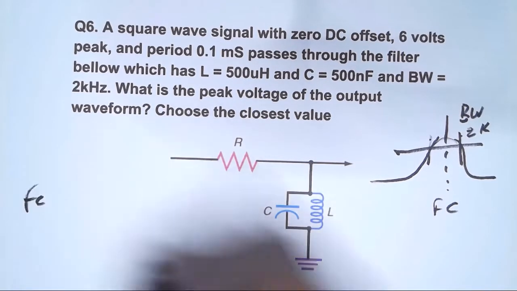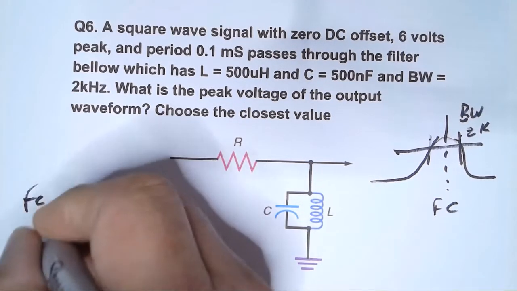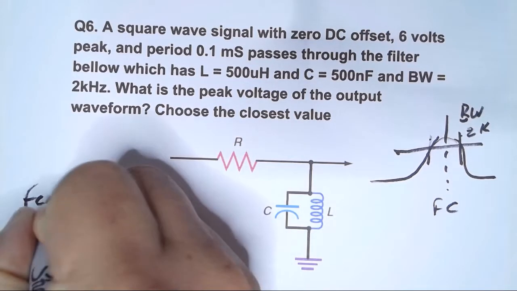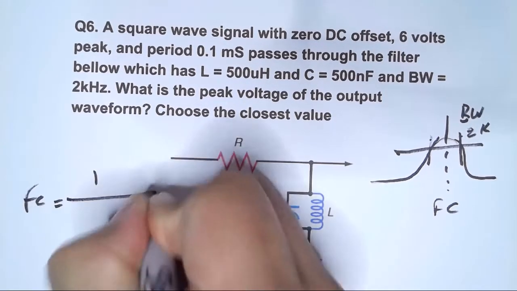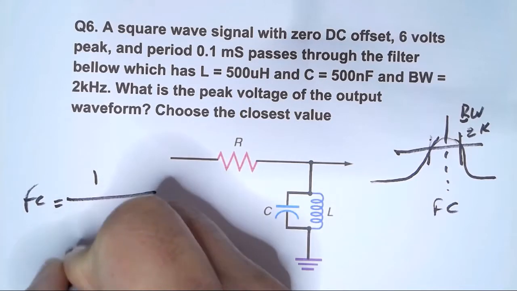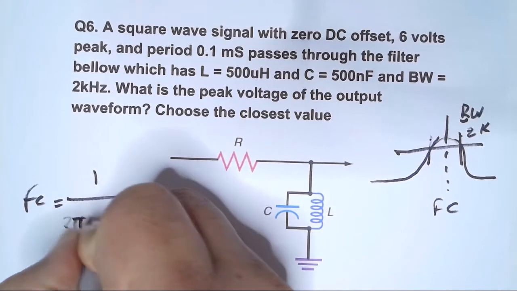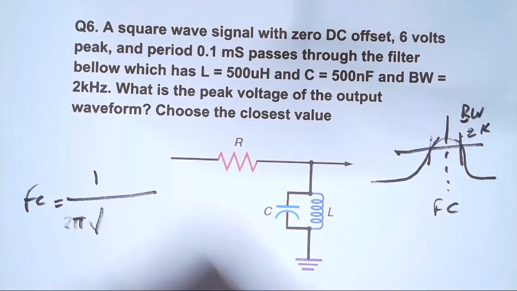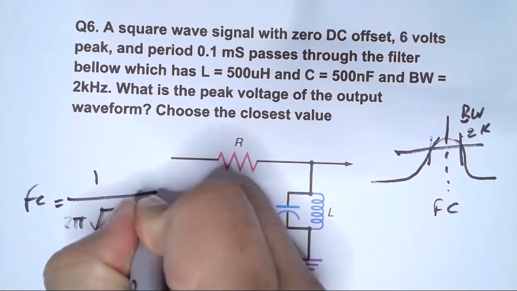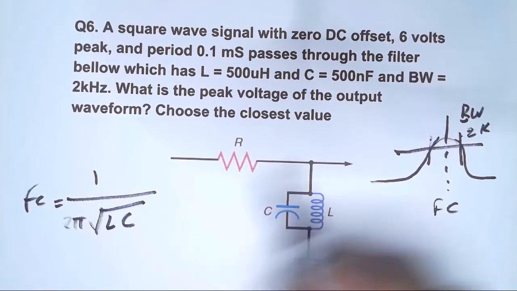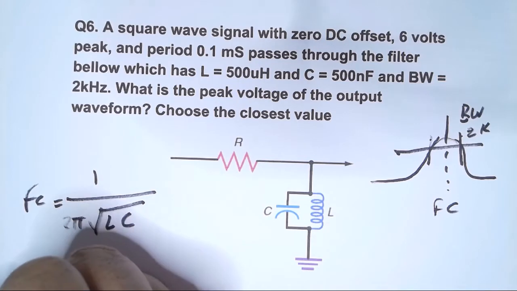The center frequency for an LC tuned circuit is given by 1 over 2 pi times the square root of LC. We have those two values, so let's find that.